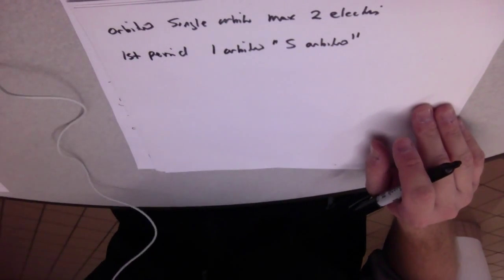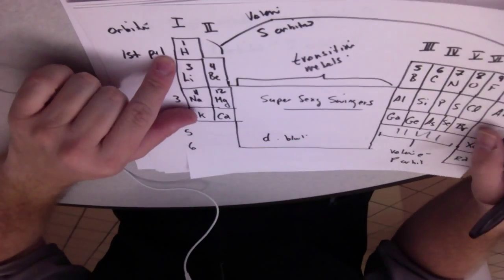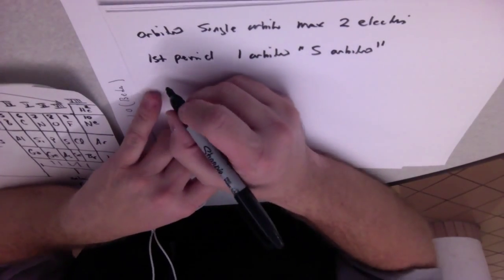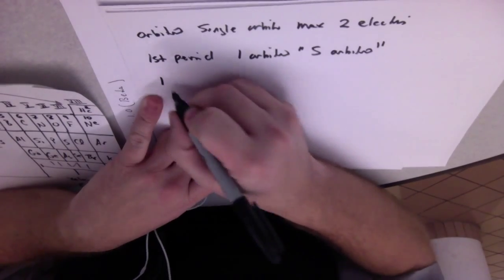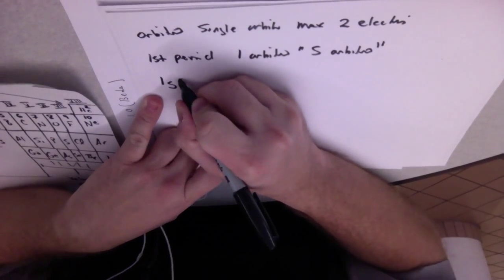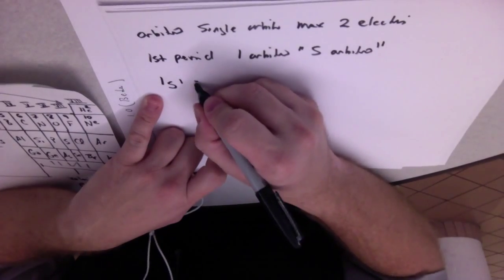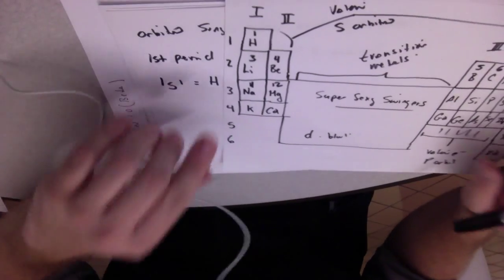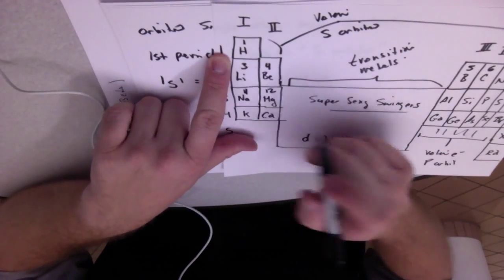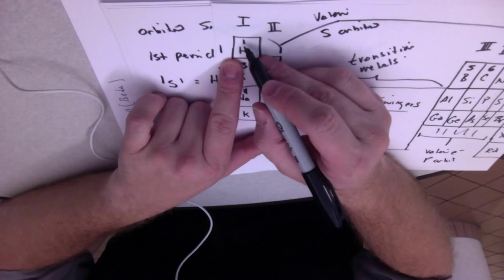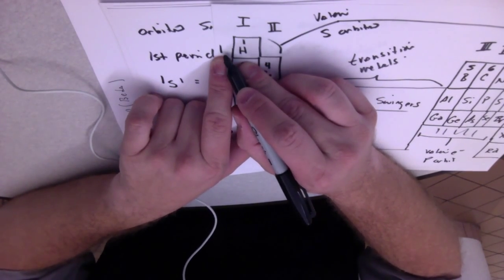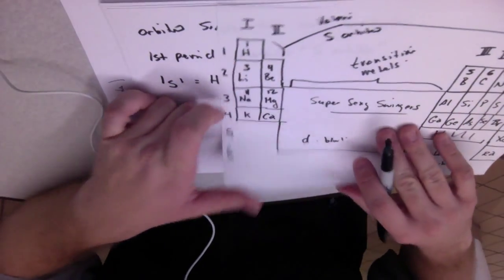So for hydrogen, using the Aufbau principle, I can say that the electron is in 1s1. That would be the electron configuration for hydrogen, because the only electron hydrogen has is in the first energy level and it's in the s orbital.